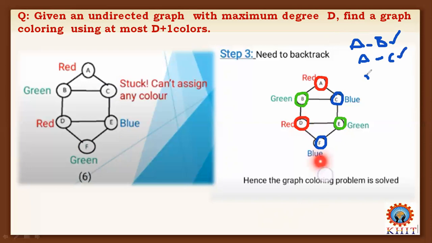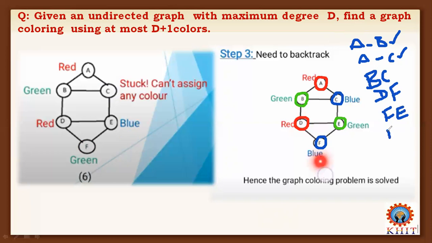Consider BC. No two adjacent vertices have the same color. Consider DF. No two adjacent vertices have the same color. Consider FE. No two adjacent vertices have the same color.